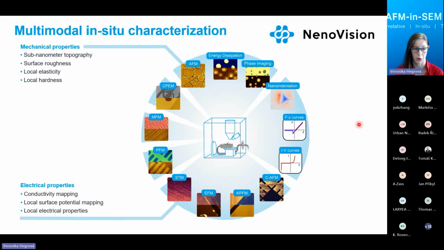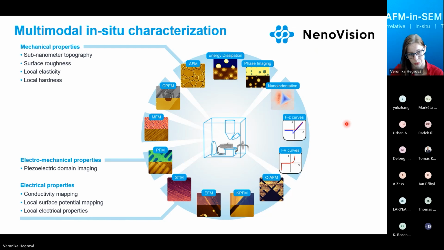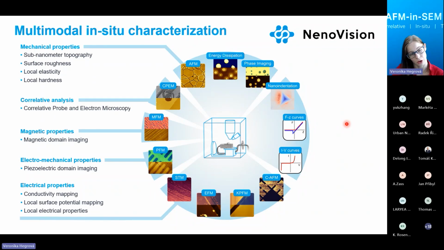We are able to obtain electrical properties such as conductivity mapping, local surface potential mapping, STM, or electrostatic force microscopy. We are able to measure piezoelectric domain imaging or magnetic domain imaging. And of course, we can correlate all of the data with the SEM detectors, whichever are available in the SEM.